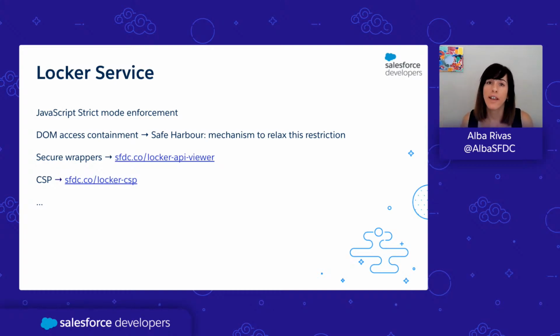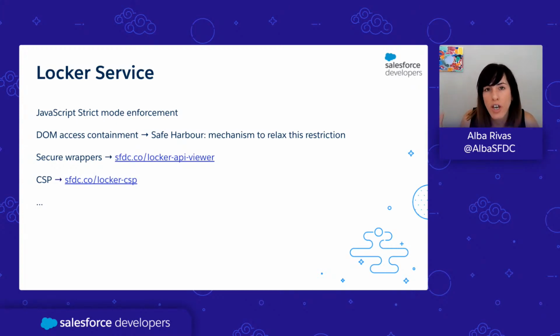First of all, it's going to enforce the JavaScript strict mode, which is much more secure, right? Second, it's going to prevent some components from accessing the DOM of other components in different namespaces. So for instance, let's say that you have installed a component from a third-party company, right?